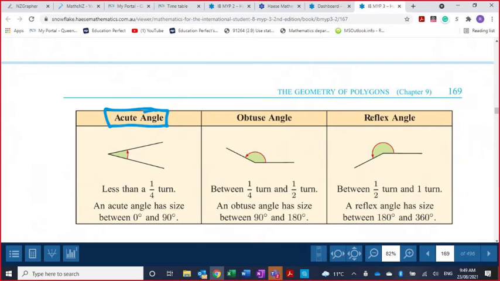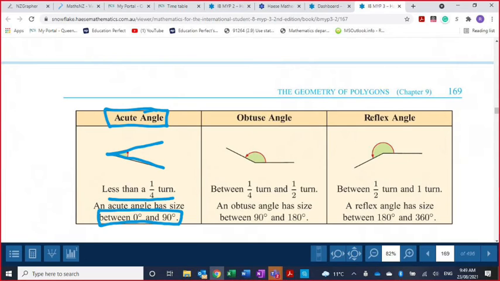And yes, an acute angle is this small, cute little angle, right? A cute little angle. In this case, that means it's less than 1/4 of a turn and has an angle size between 0 and 90 degrees. So it has to be between those two values. Okay? Can't be 0 degrees because that would be a revolution if it went all the way around, or just not an angle at all.